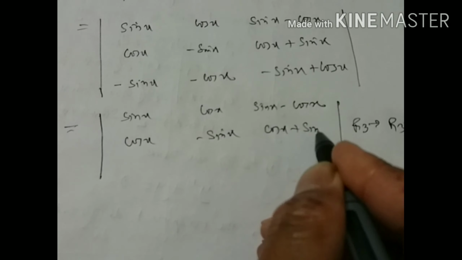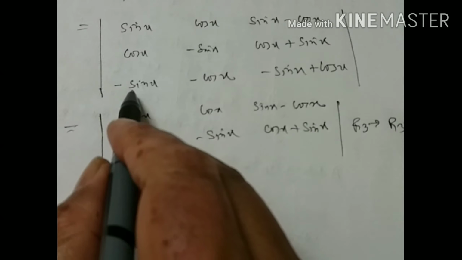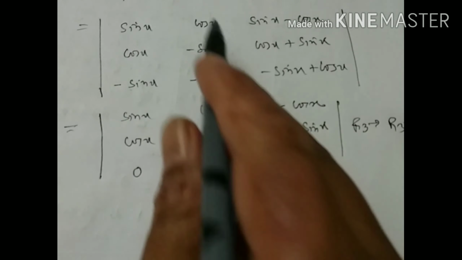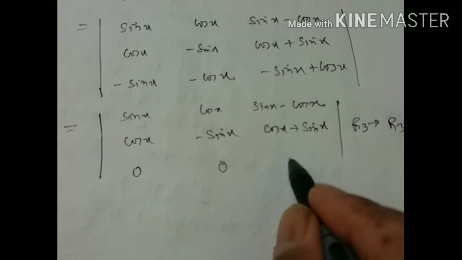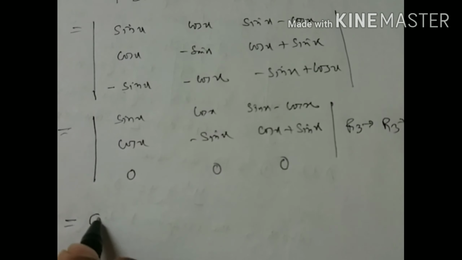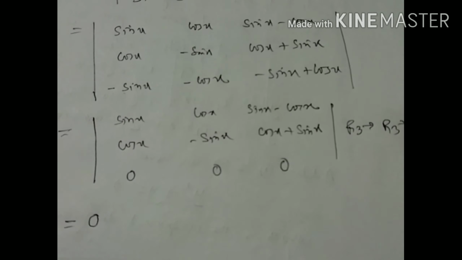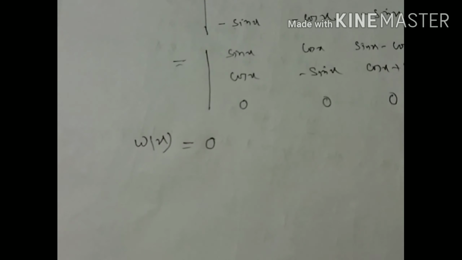Row 3 plus row 1 gives sin x minus sin x, which is 0, minus cos x plus cos x, which is 0, and minus sin x plus sin x, which is 0. Ultimately, every element of the third row is 0, so the determinant is 0. In a determinant, if each element of a row or column is 0, then the value of the determinant is 0. So the Wronskian of y1, y2, y3 is 0.